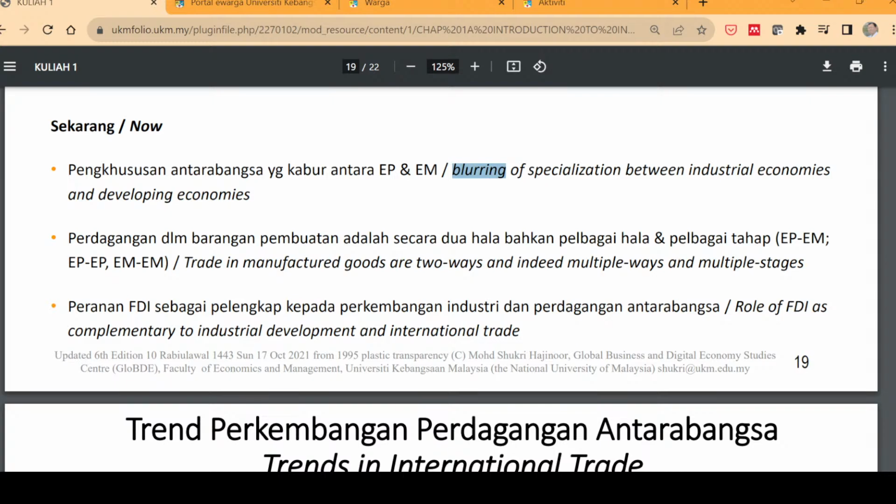And now the last one. In the past, well, I should say this. When it comes to the discussion about FDI, foreign direct investment, we compare with trade. There are two views based on the neoclassical mainstream economics.